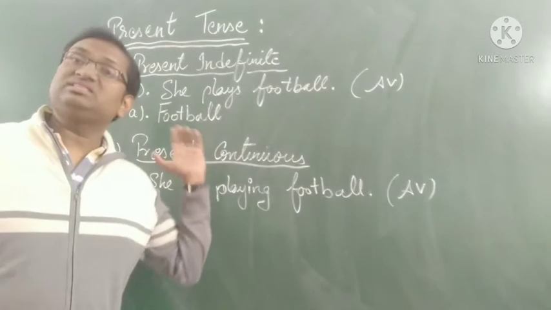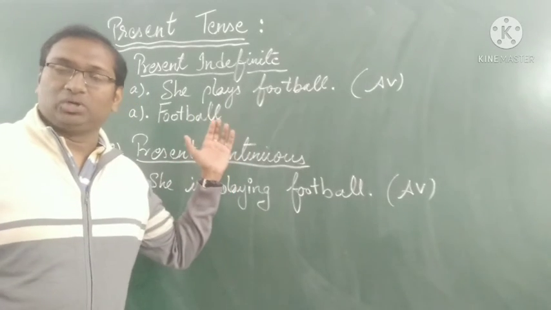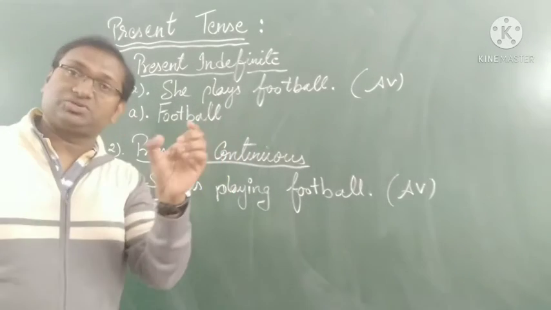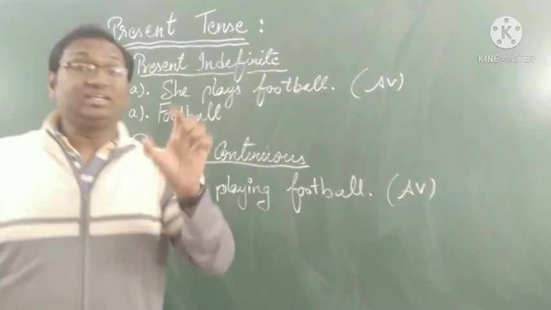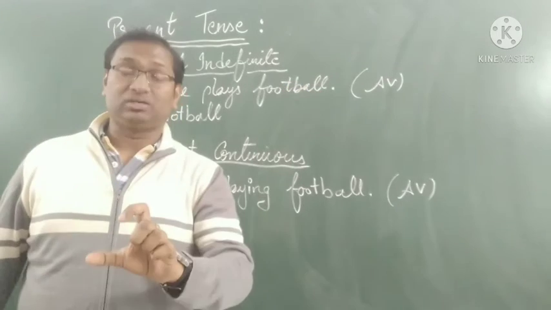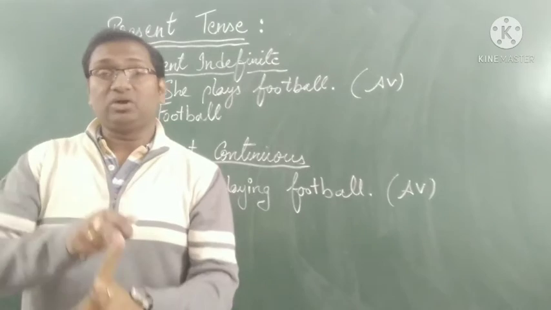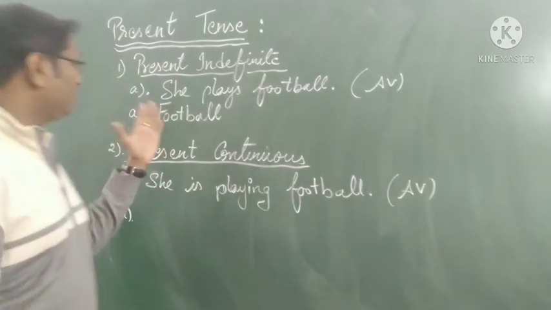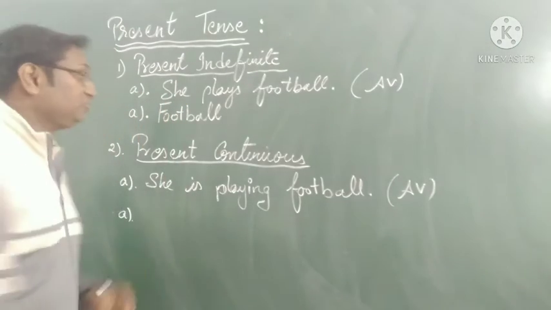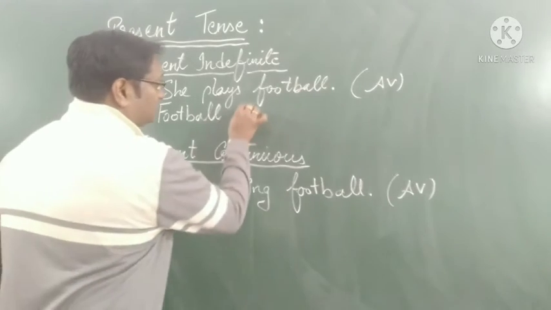Now football is singular, it's not plural. So we have to see this also. Whatever object we are using as passive subject, whether that passive subject is singular or plural: if it is singular, then we use is. If it is plural, then we use are. So over here, football is singular, so we are going to use is.